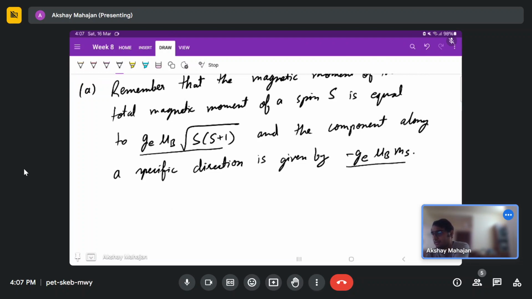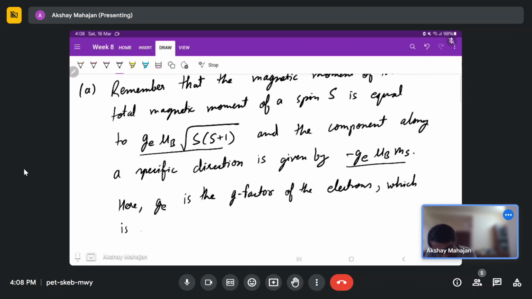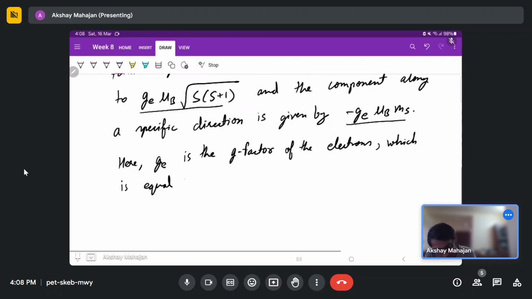Now here this g_e is the g factor of the electrons, which is equal to 2.